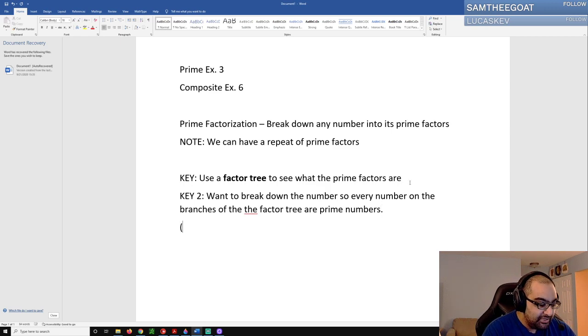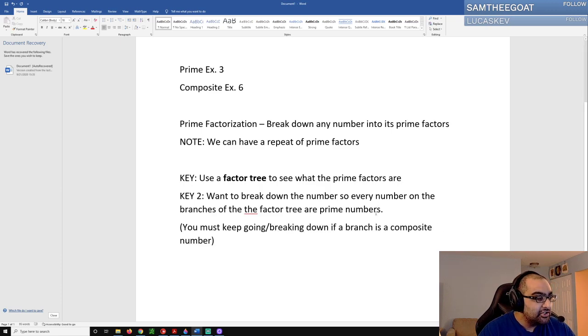Basically what this means is you must keep going if a branch is a composite number. So you have to keep breaking it down, keep going if a branch is a composite number.